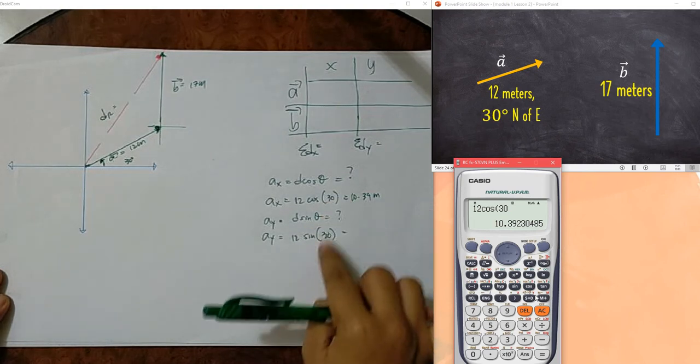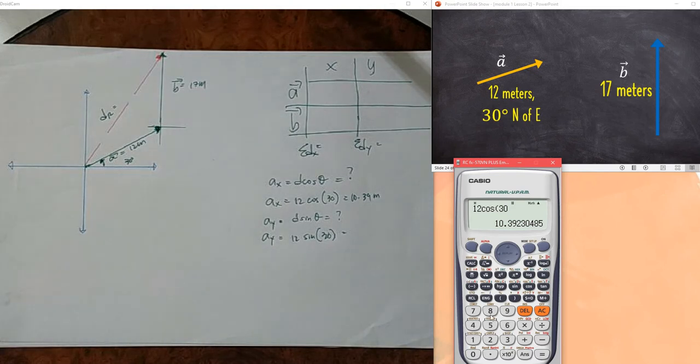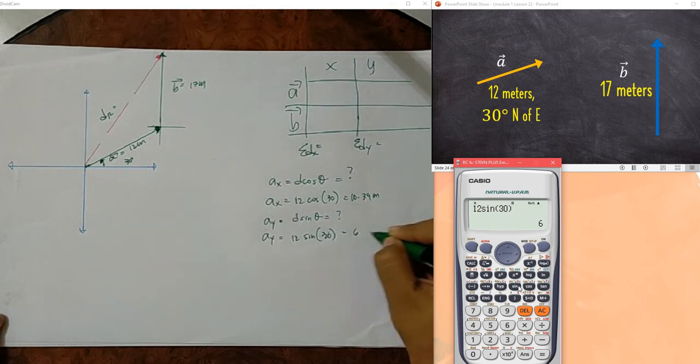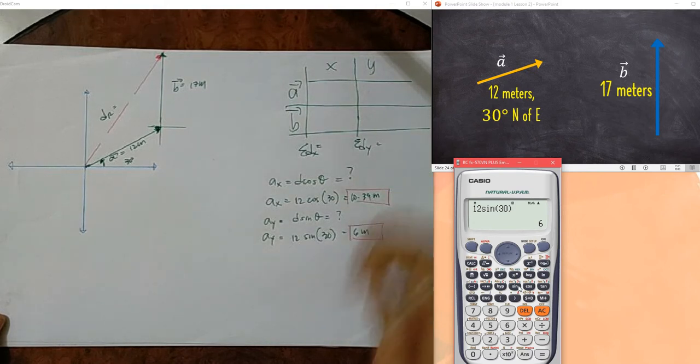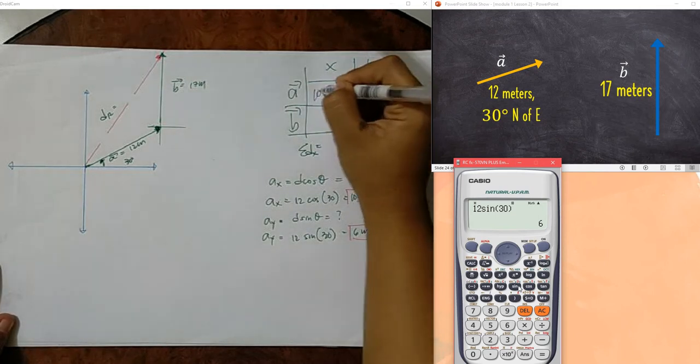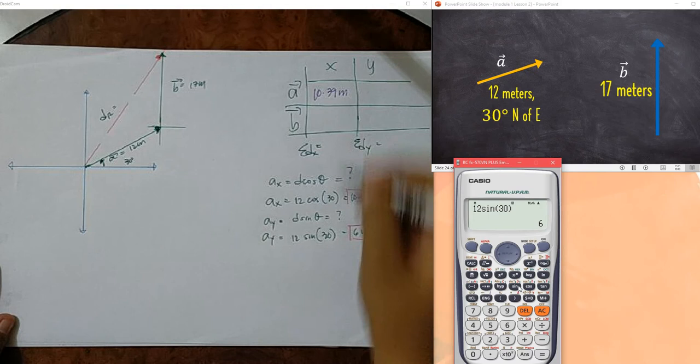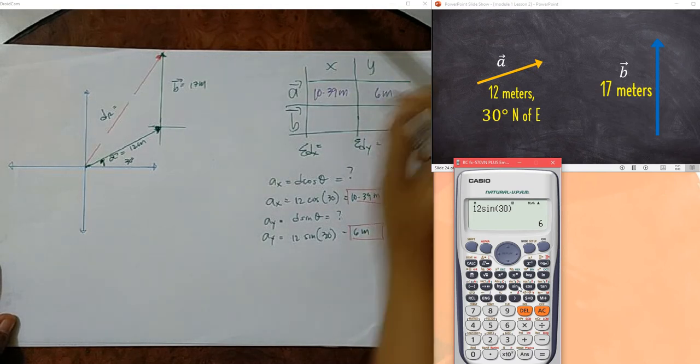Same angle will be used, huh? Okay, so let me just change here cosine to sine, and that's equal to 6 meters. So for our x and y, here it is. For the x component for A, we have 10.39. For the y, we have 6 meters.